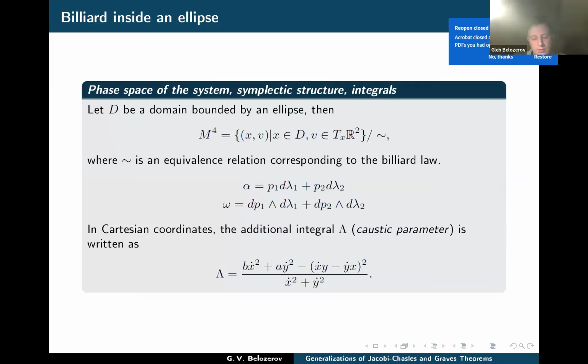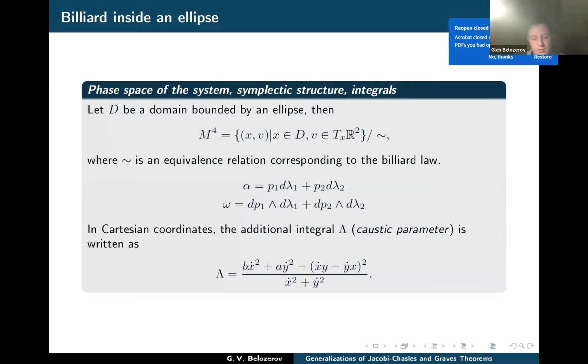Okay, and now we can use the construction of action variables to prove Graves' theorem. If we fix two first integrals of our system, the energy and the caustic parameter, in the phase space we obtain a two-dimensional surface. If the parameter of the quadric is less than b, we obtain a two-dimensional torus.